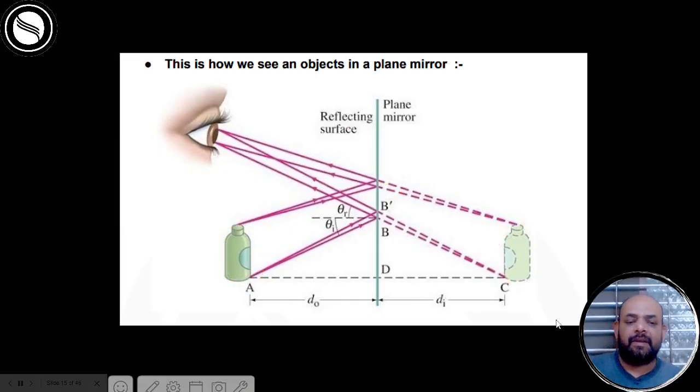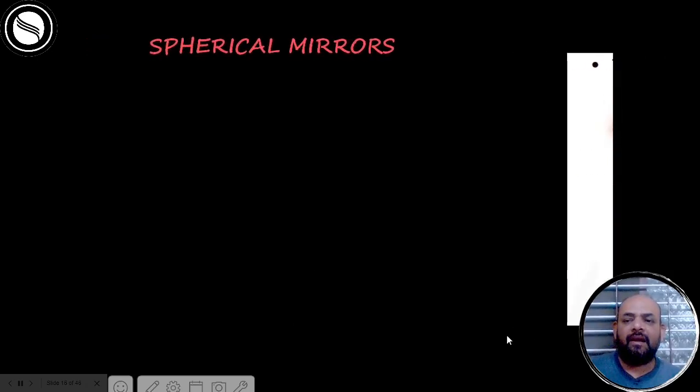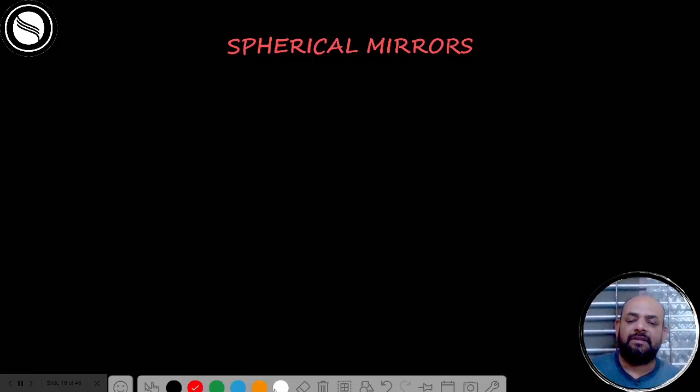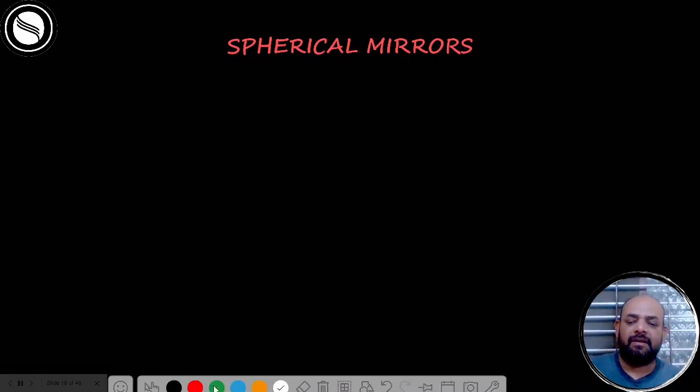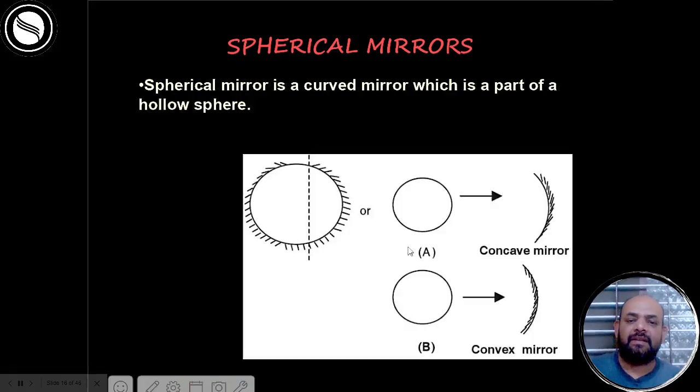Next, after the plane mirror, we have a spherical mirror. A spherical mirror means a mirror which is made from a sphere. This is part of a sphere, that's why we call it a spherical mirror. There are two types of spherical mirror: concave mirror and convex mirror. A spherical mirror is a curved mirror which is a part of a hollow sphere.